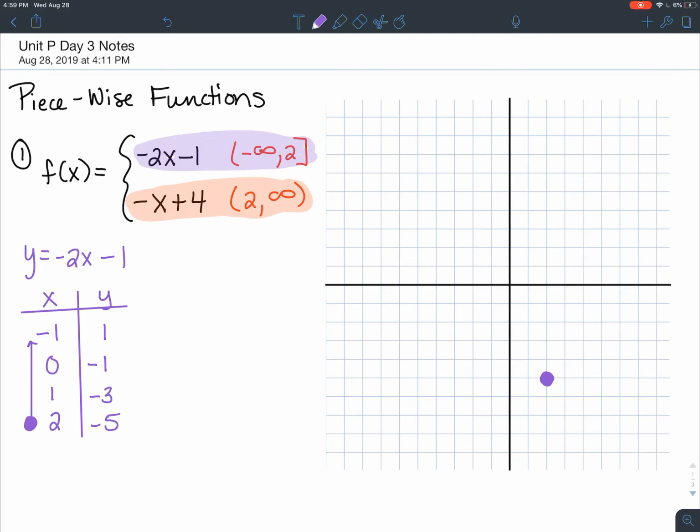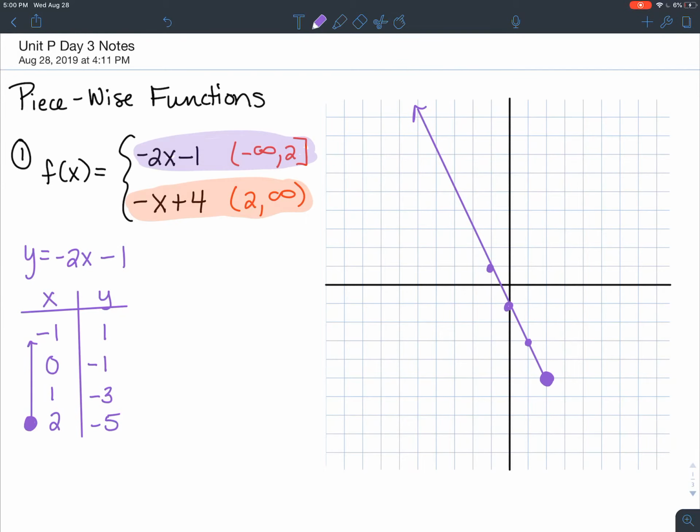All right, so 1, negative 3. 0, negative 1. And 2, already graphed that. Negative 1, positive 1. Sorry, I almost confused myself. Then I'm going to connect it to make my linear line using a ruler, whatever you need to use.